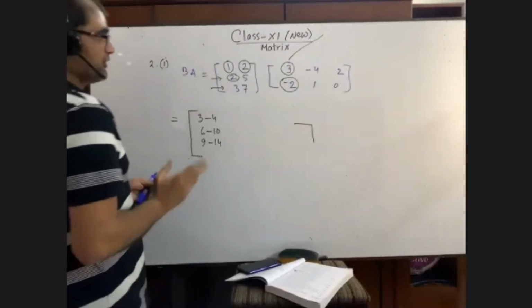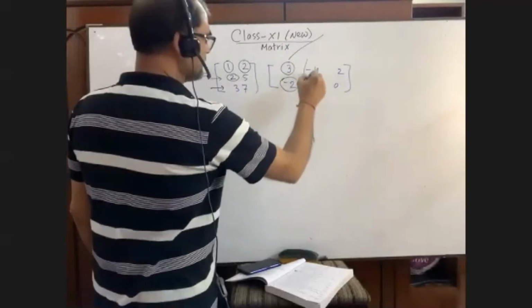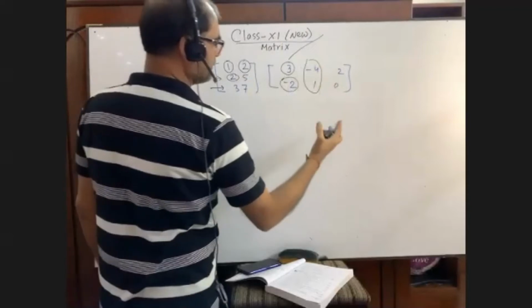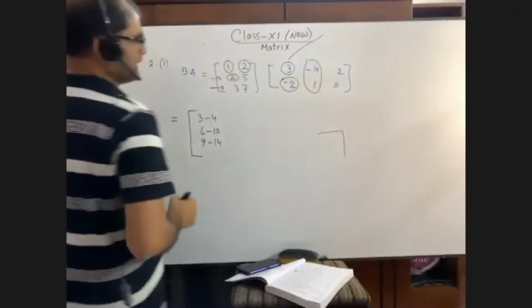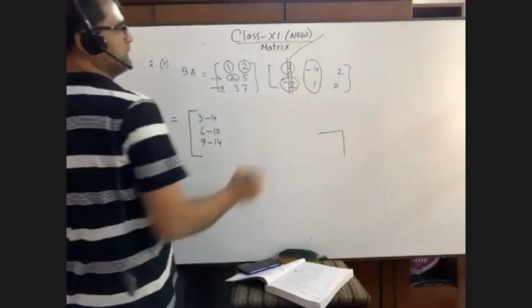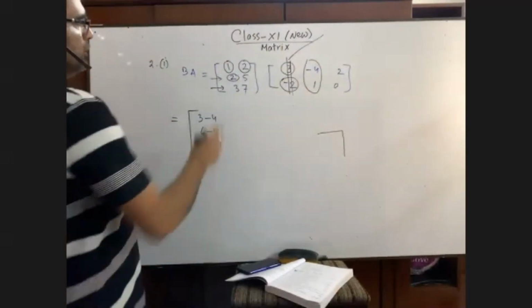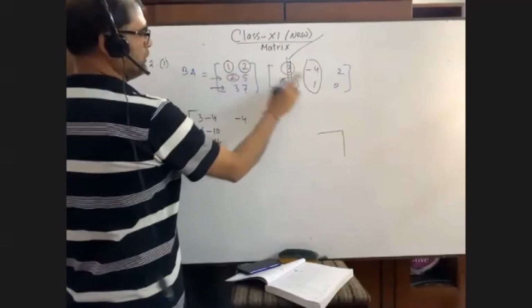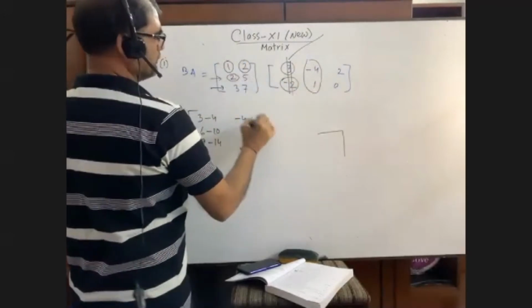Similarly, now we will calculate on this part in the same way. Just remember this thing. Now you multiply 1 into minus 4 equals what? Minus 4. 2 into 1, that is plus 2.